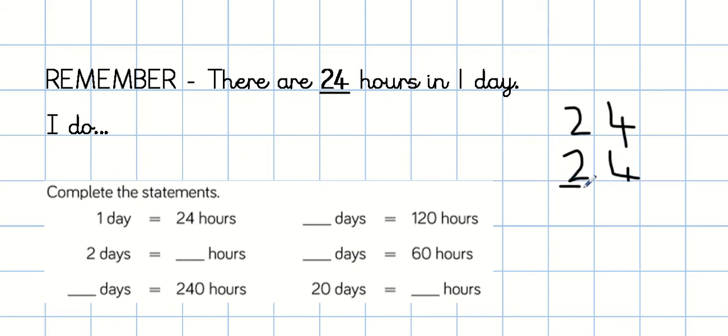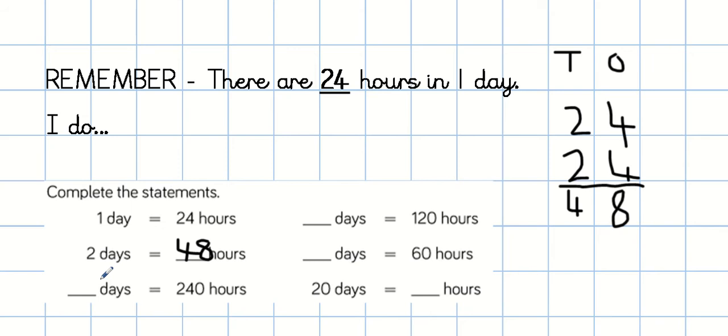And if we add them together using column addition, in our 1 section we have 4 add 4, which equals 8 ones. And in our 10 section we have 2 tens add 2 tens, which equals 4 tens. 4 tens equals 40, 8 ones equals 8, so our answer is going to equal 48 hours.